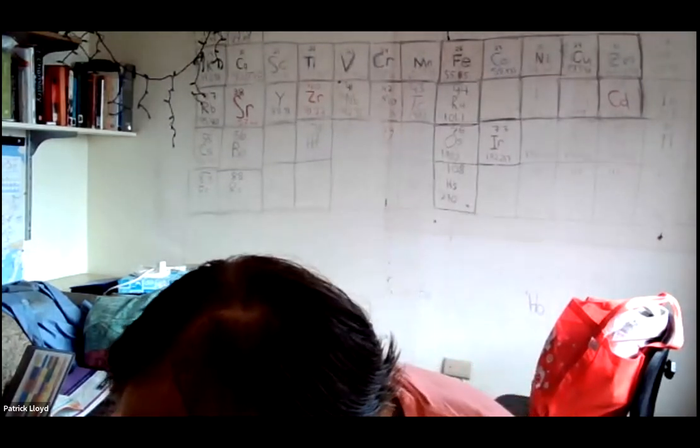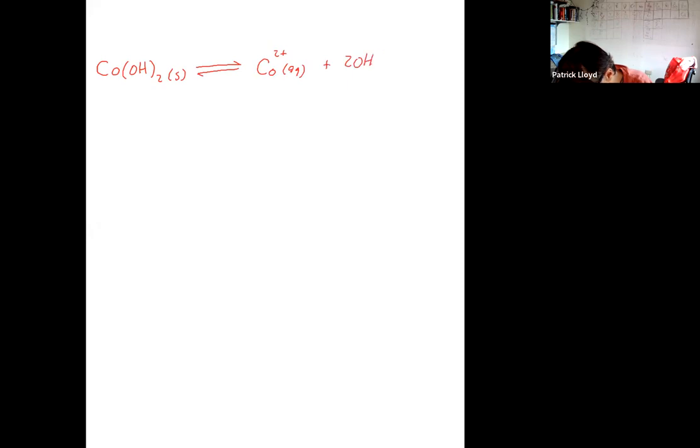Okay, so let's take a look at this problem. So we have cobalt hydroxide, sparingly soluble, not very soluble at all. You'll form cobalt ions and hydroxide ions. Okay, so there's your chemical equilibria.